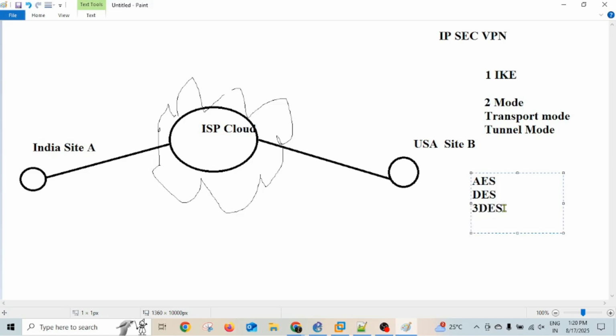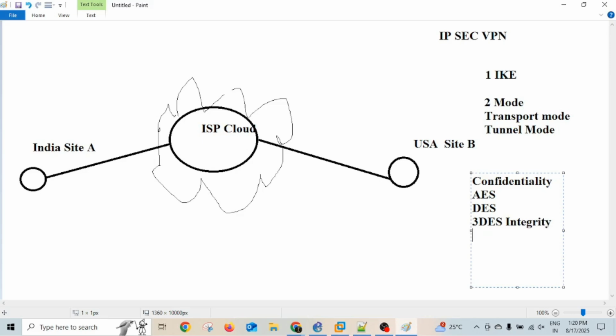These are only for confidentiality. Then there is integrity. What will be integrity?